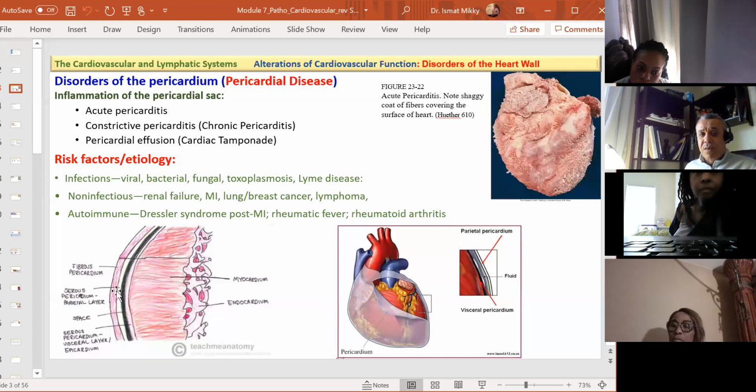Between the parietal and the visceral, we have a small amount of pericardial fluid. Another layer, the serous pericardial visceral layer, is also called the epicardium.